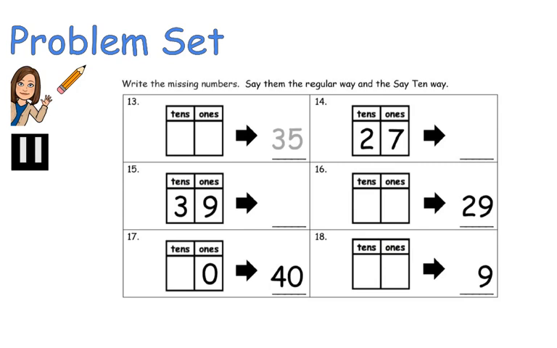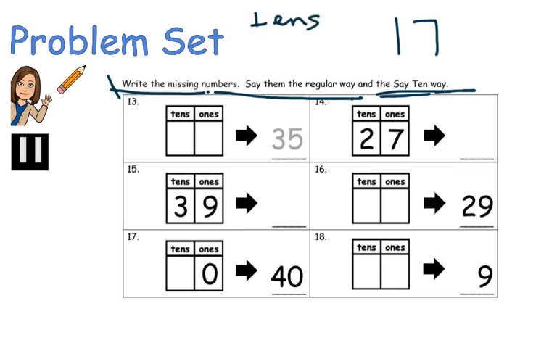And our directions say, write the missing numbers, say the regular way, and say the 10 way. So what that means is if you had a number like 17, you would have to say 1 10, 7 1s, 17. That's how they want you to read it, okay?